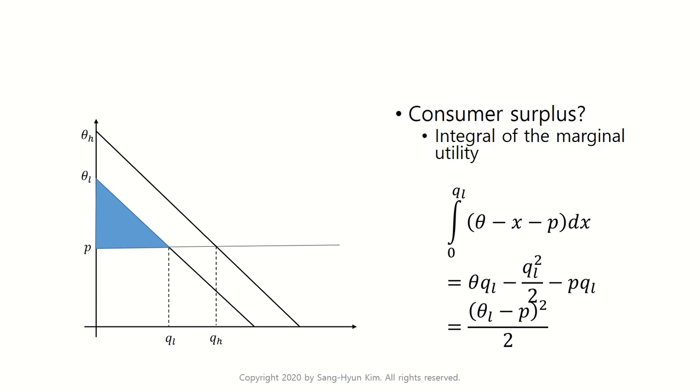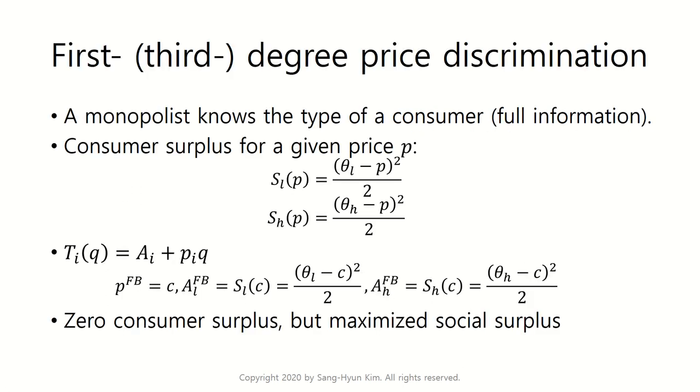It's very similar for SH, the consumer surplus of the high type consumer: theta H minus P squared over 2.